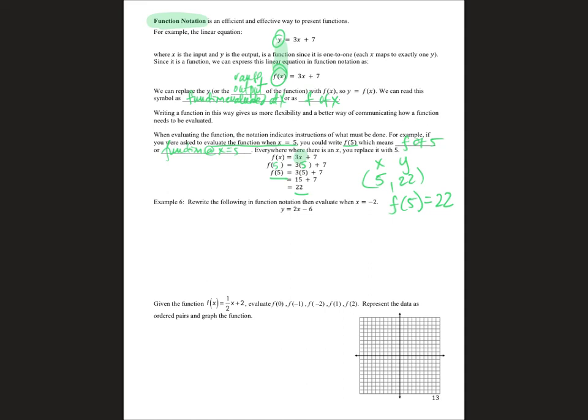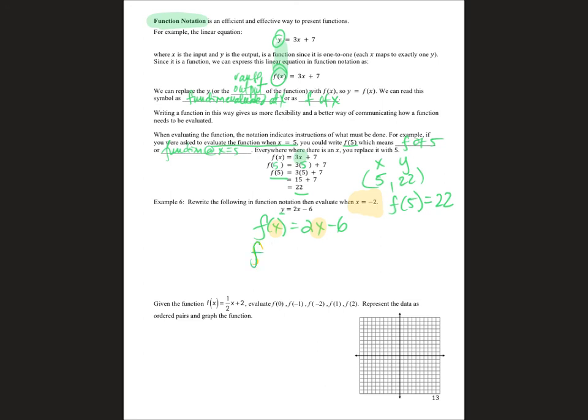Now, let's rewrite this next linear equation, linear function, using function notation. So I'm going to replace the y with f of x. And then I want to evaluate it when x is equal to negative 2. So I want to evaluate f at negative 2. Well, let me change colors.